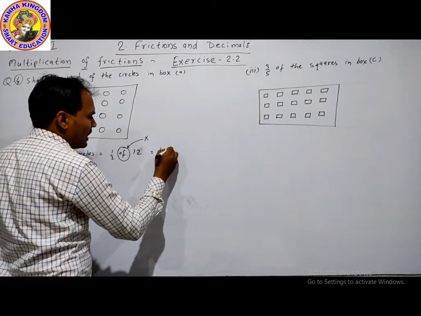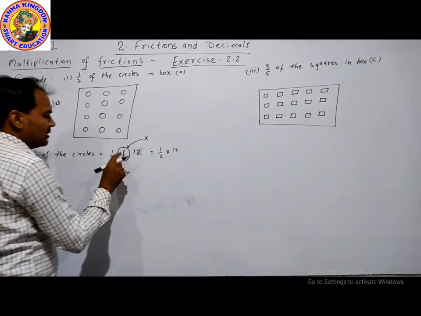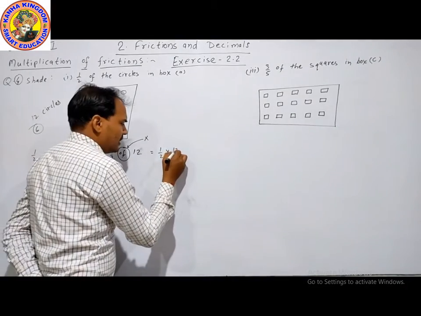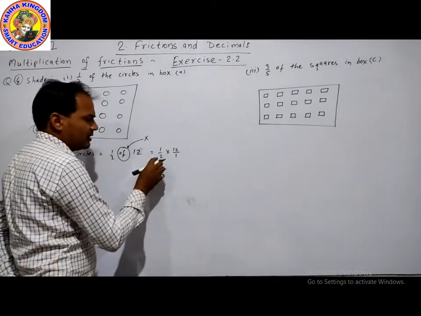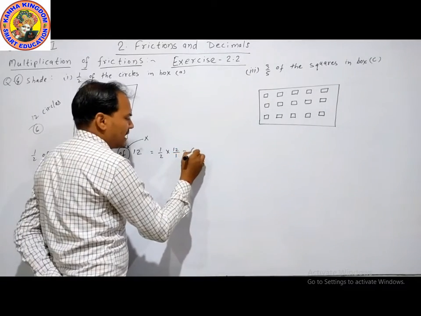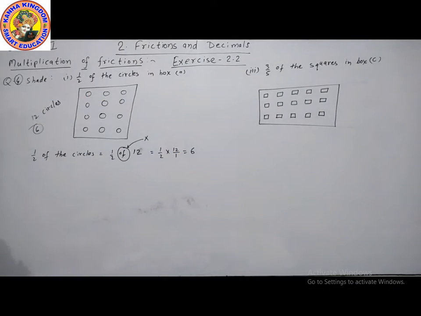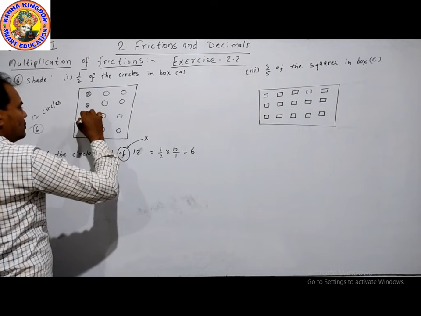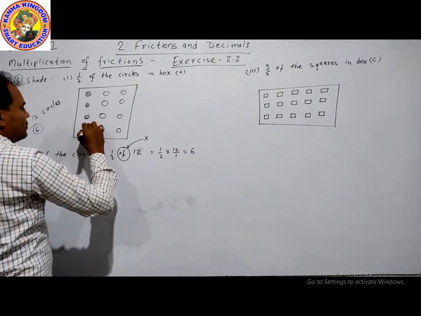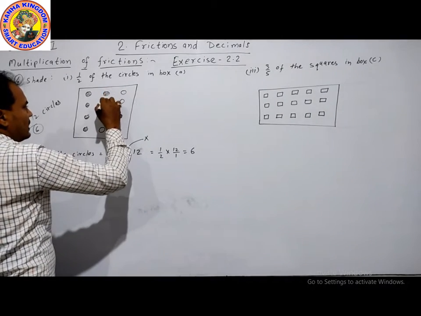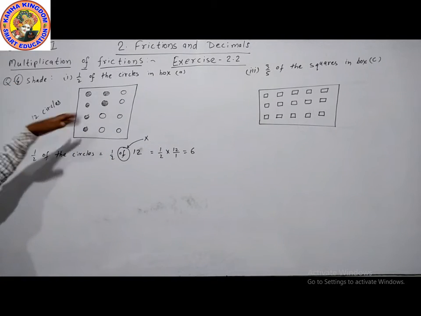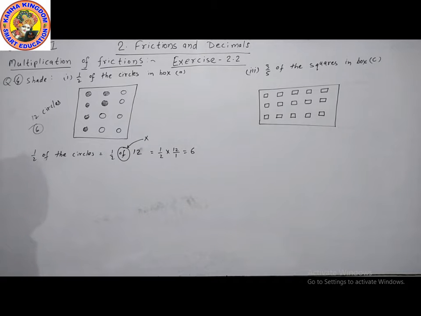So half into 12. 12 will be converted into a fraction number. 2 can divide 12 by 6 times. So the answer is 6. Shade 6 circles: 1, 2, 3, 4, 5 and then 6. Total 6 circles will be shaded.